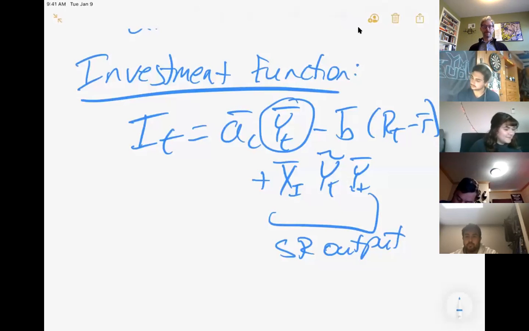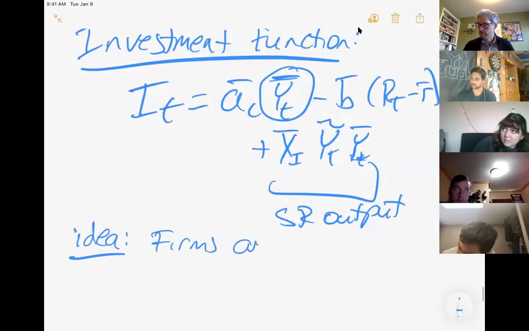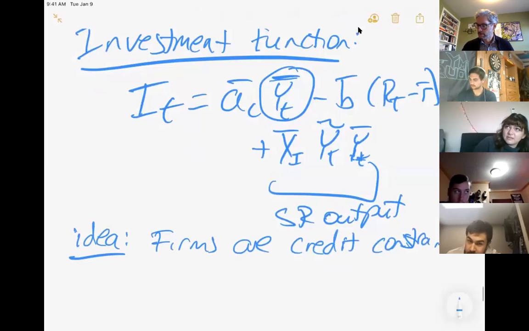So here I've written the investment function, where the first line here is what we had before, where investment is largely a function of long run output and the interest rate. But now we add this additional factor where now short run output also impacts investment. And once again, the idea here is firms are credit constrained, right?